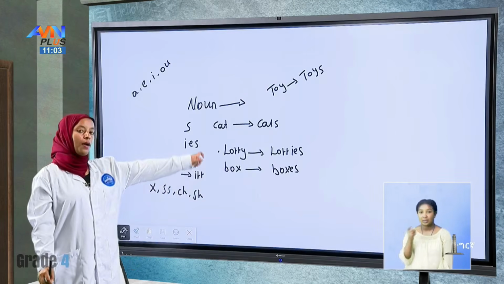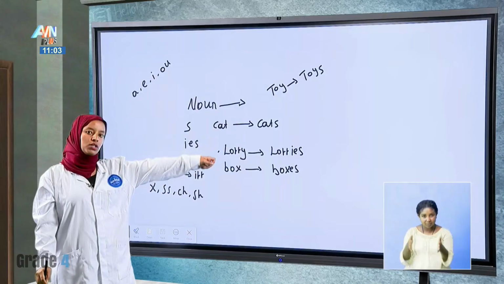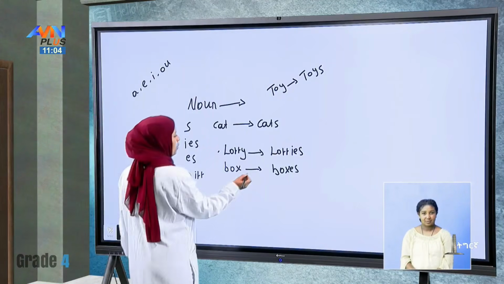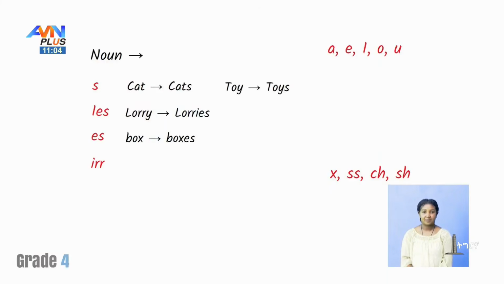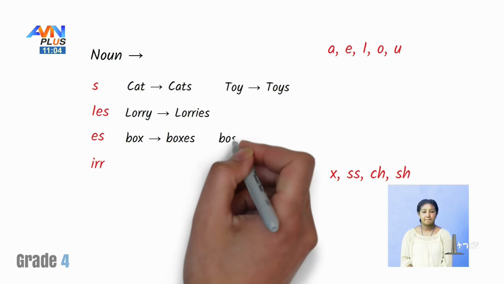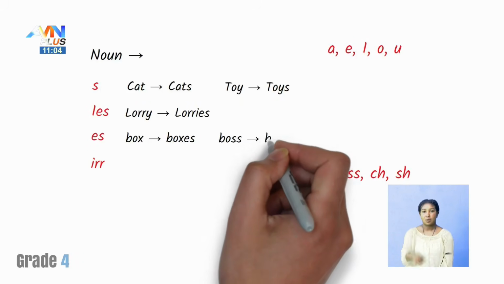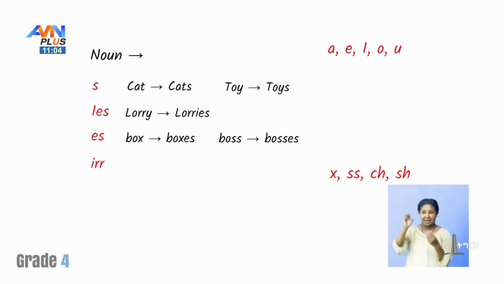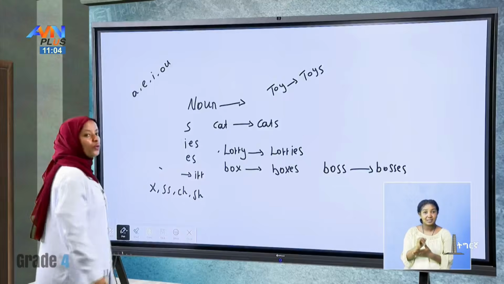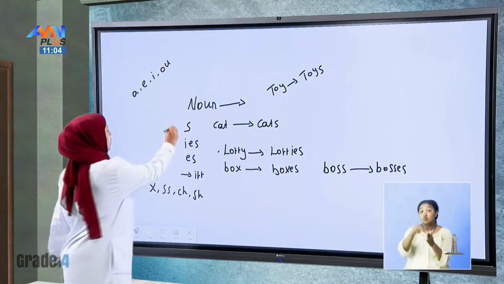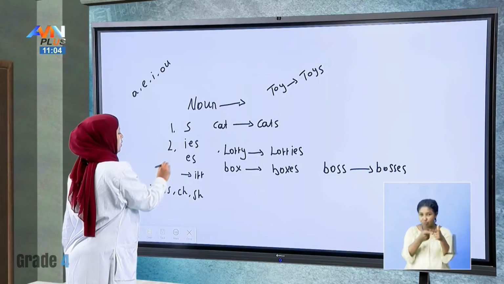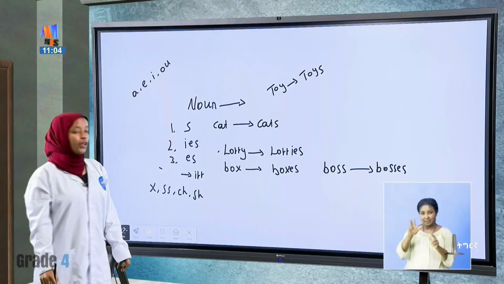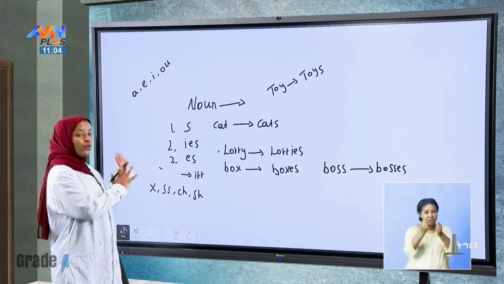We can add one more: boss, bosses. This is the third rule. How many rules did we learn? 1, 2, and 3.